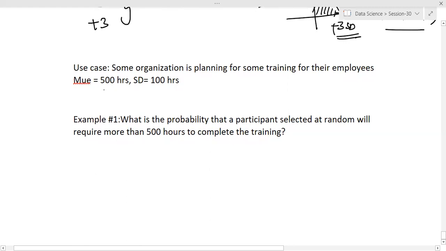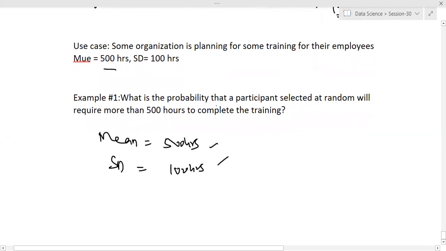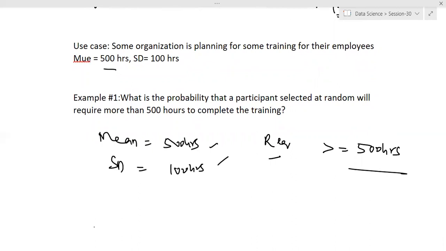I know my mean value is 500 hours, and the standard deviation given is 100 hours. My requirement here is greater than or equal to 500 hours, more than 500 hours.